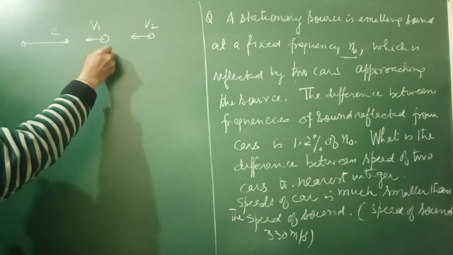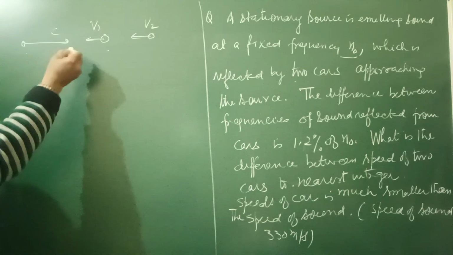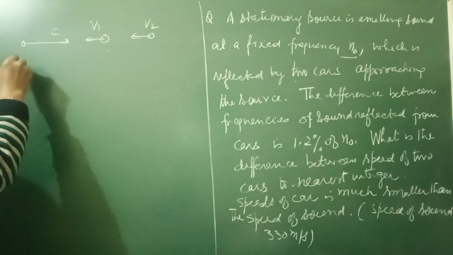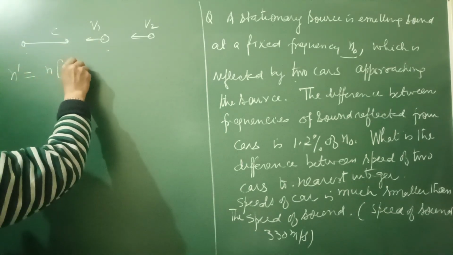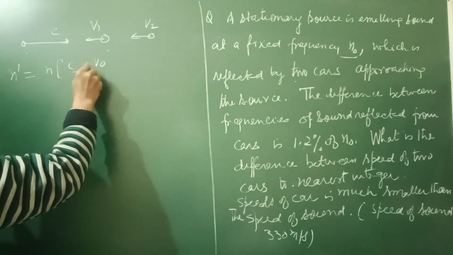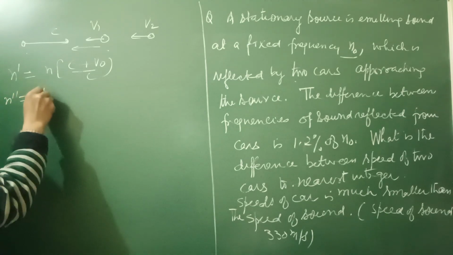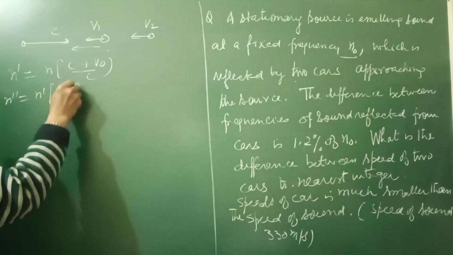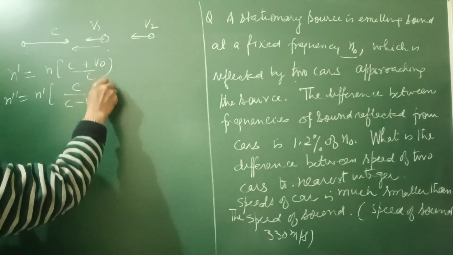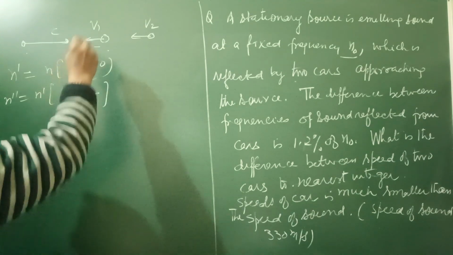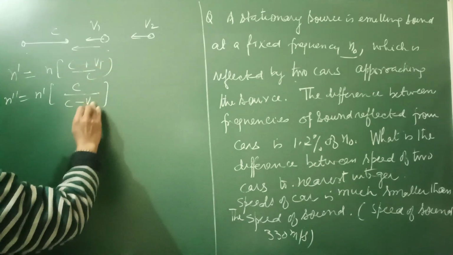The frequency received by the car, as I have just proved, n' first received by this car will be n into (C + V)/C. This n' is reflected, so n'' will be n' into C upon (C minus Vs). Now the car becomes the source, so in place of Vs, it is V1.